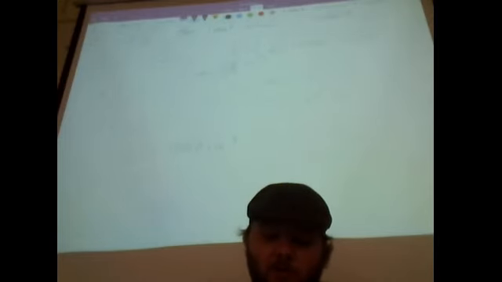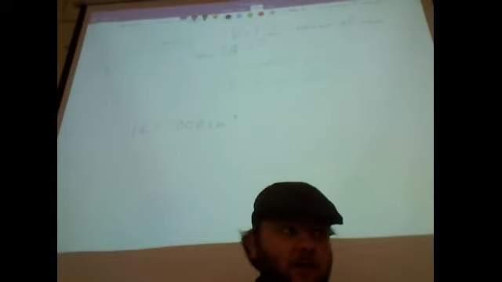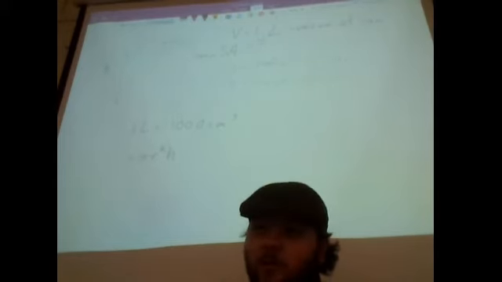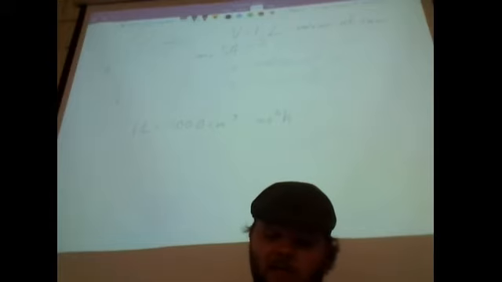Relate some equations, right? So how do I calculate the volume of this cylinder? Pi r squared h. And guess what that's equal to? 1 liter, or as I prefer it, 1,000 cubic centimeters.